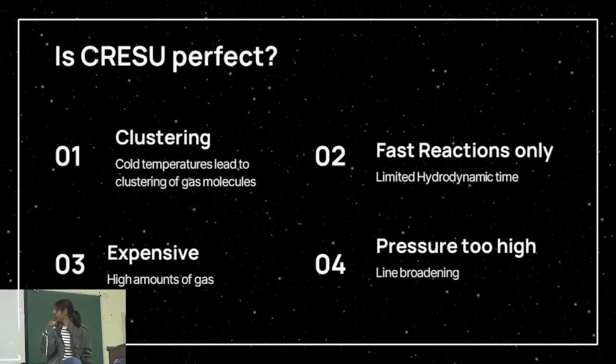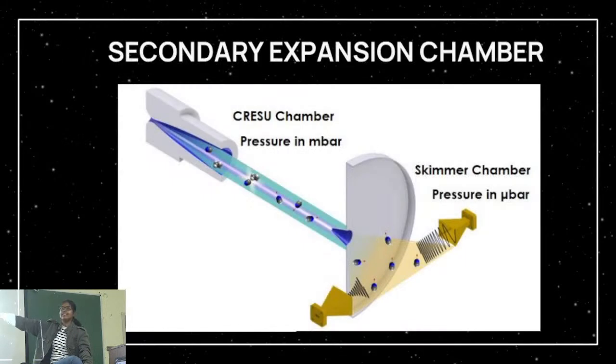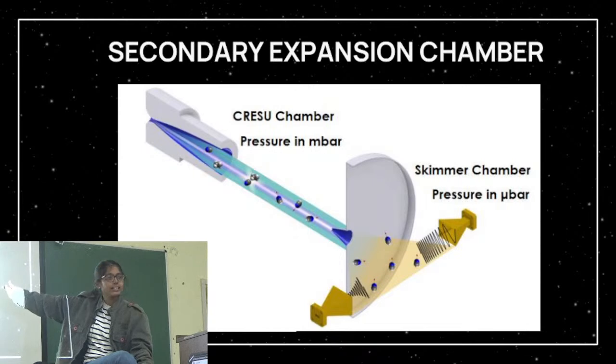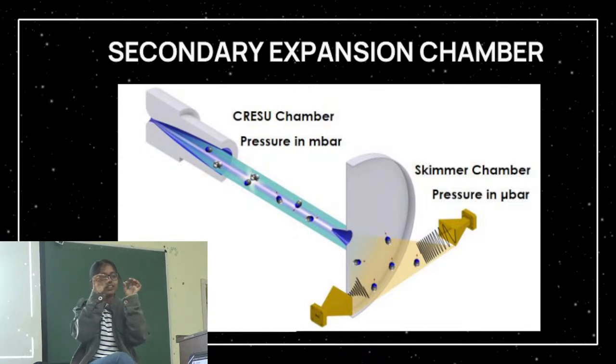The way to solve that is by introducing a secondary expansion chamber. So you are seeing the schematic now. The microwave horns are not really in the flow. You have a pressure flow, and then there's something called a skimmer, which is that triangle thing there. It's basically a very fragile metallic cone of sorts. That takes from the isentropic core and goes into a secondary expansion. The reaction completes in the flow.